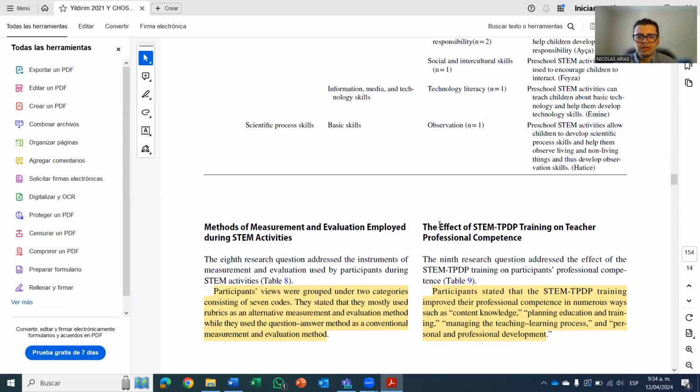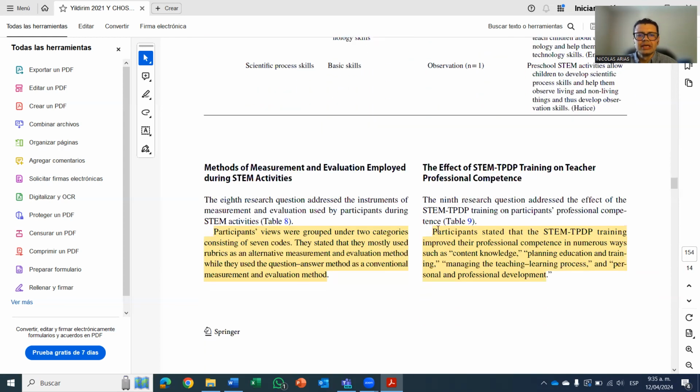The same thing we said about the coding. In the sixth, they say participants were grouped under 2 categories, crossing 7 codes. They said that they mostly used rubrics as an alternative measurement and evaluation method, alongside question-answer and conventional measuring.